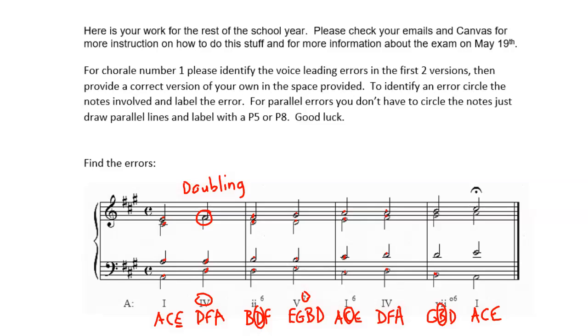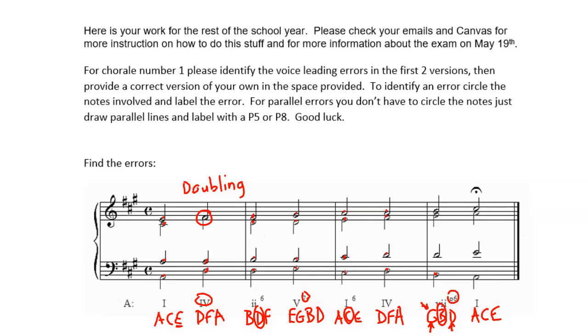Now on a diminished triad, you need to double the bass, because the other two notes, the G and the D, are part of an unstable interval. They're part of a diminished fifth. And if you double either of those, well, one of them is the leading tone of the key. The G is the leading tone of the key, so you can't double that.